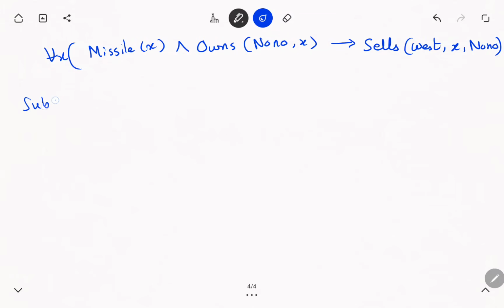If we use the substitution theta 3, that substitution is x is substituted by M1. So if I do that, and also I use universal instantiation, if it's true for all x, that means it has to be true for x equal to M1.